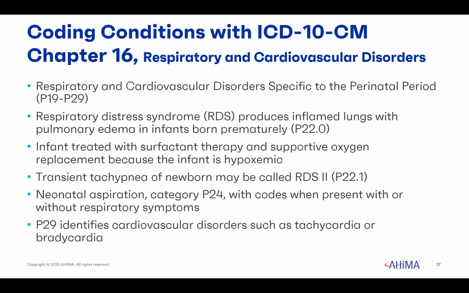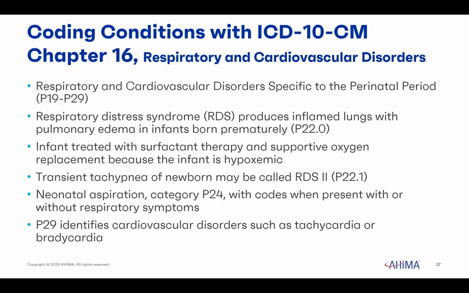Now we're going to talk about respiratory and cardiovascular disorders specific to the perinatal period. This is very, very common. They fall into code categories P19 through P29. Respiratory distress syndrome produces inflamed lungs with pulmonary edema, P22.0. Infants are treated with surfactant therapy and supportive oxygen, right?